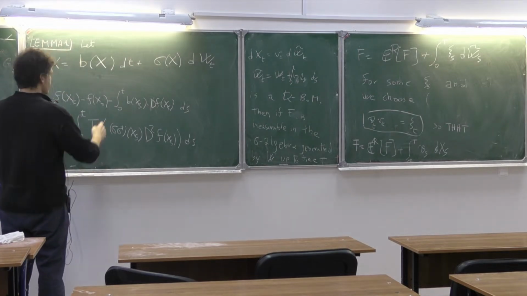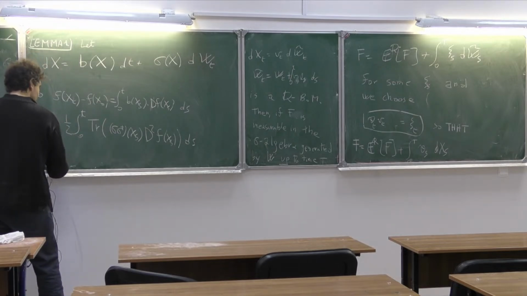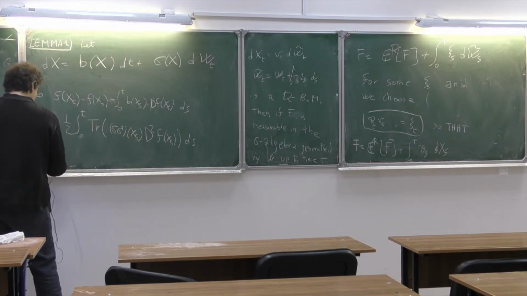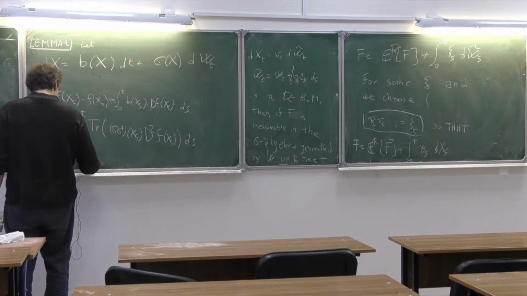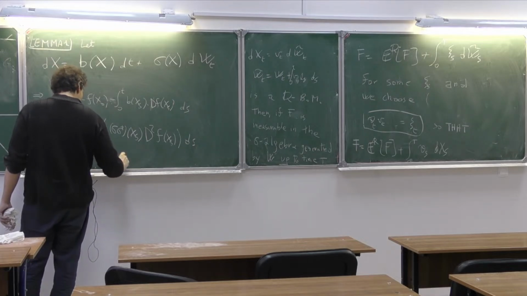So all this is equal to the integral between 0 and t of df of Xs sigma of Xs dWs.